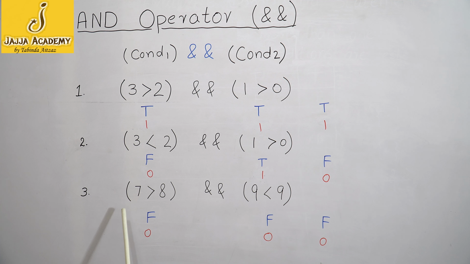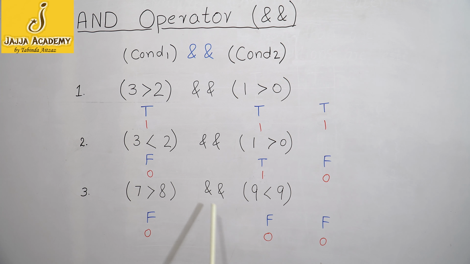In the third example, 7 is greater than 8 is first condition, and the second condition is 9 is less than 9. As 9 is not less than 9, so it will return false result. On the other hand, 7 is not greater than 8, 7 is less than 8, so it will produce false.